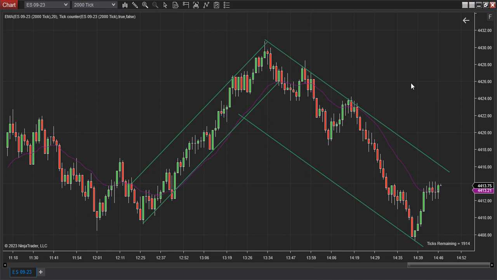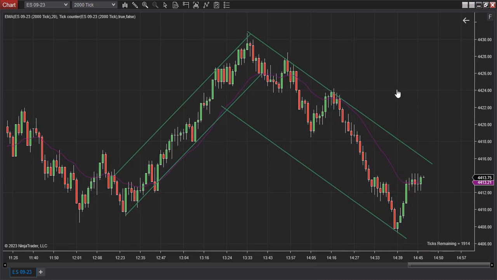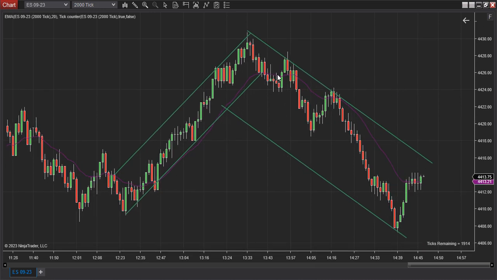Now I have my data paused right now, but you can see that this channel is expanding. Something else you can tell is that it's finding support and resistance at about where its midline would be. So we're real close to the midline.